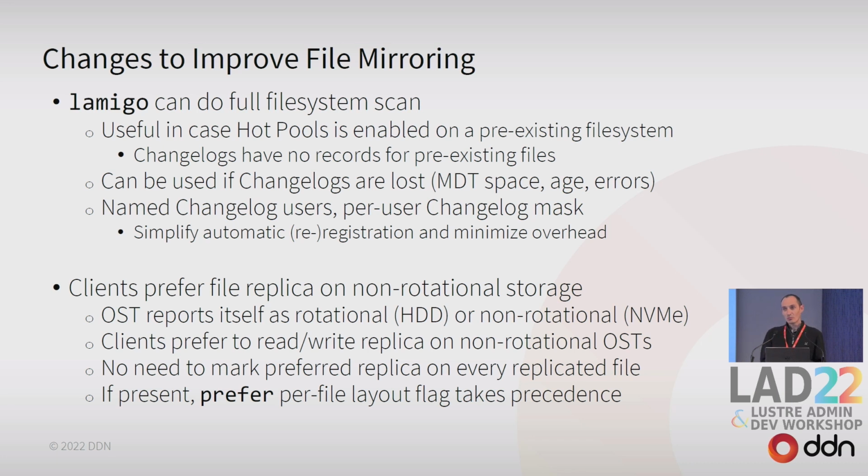And more importantly, the client would automatically prefer the pools that are non-rotational. You can still use the prefer flag on your pools, but this feature avoids you having to set this prefer flag on every OST pool.